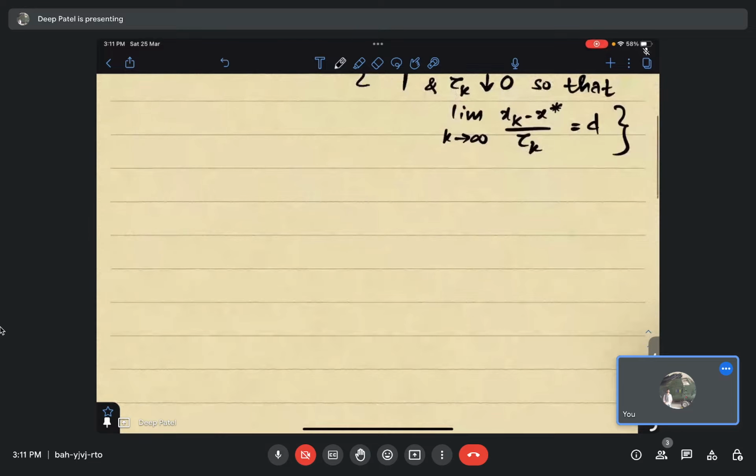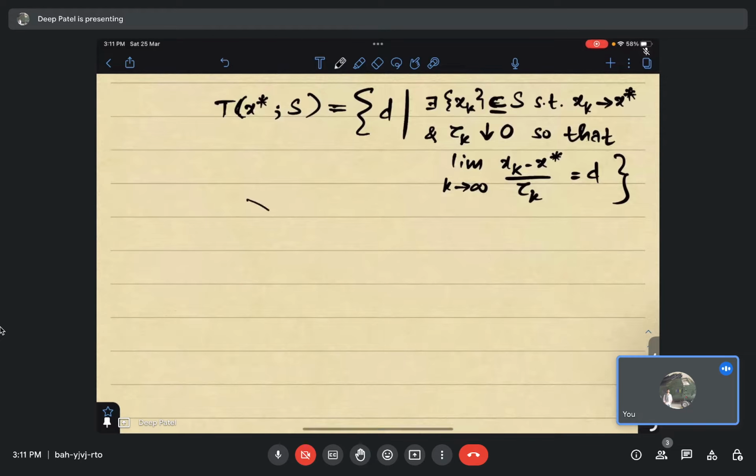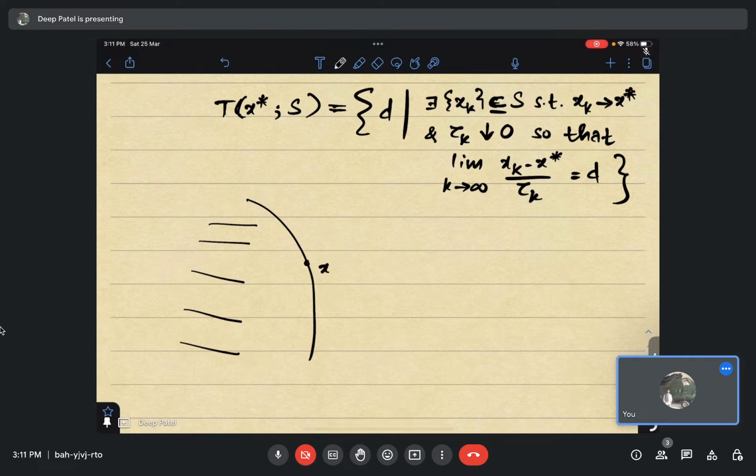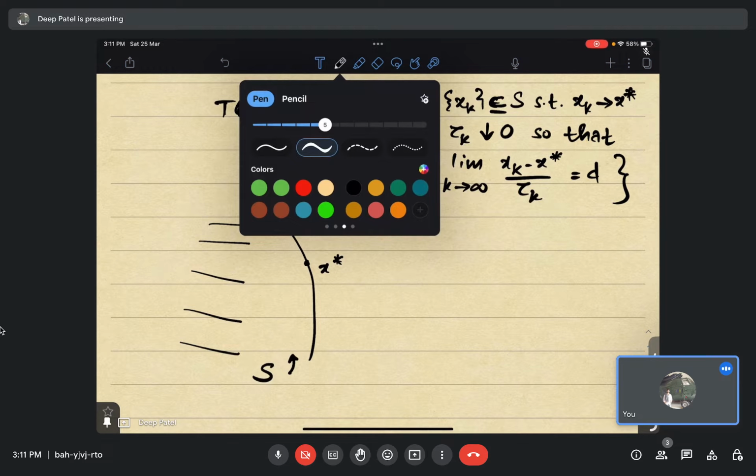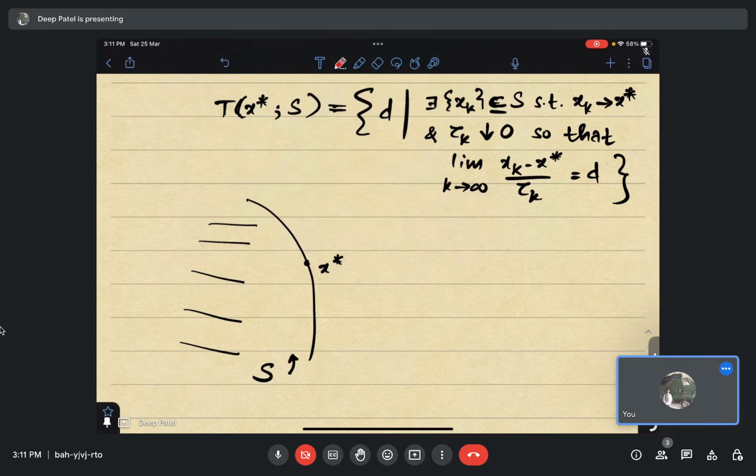Now, for example, take the case where there is a point x star on the boundary and this is my set S. How can I approach this? Many ways, right? It can come in all possible ways.